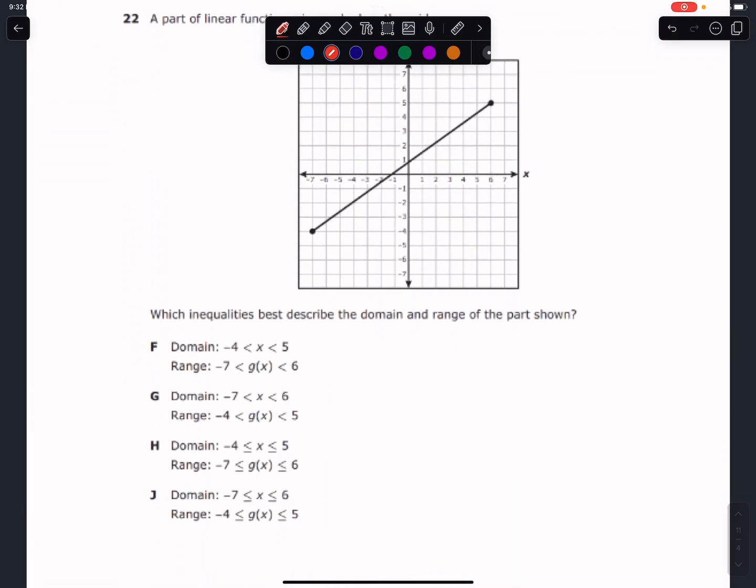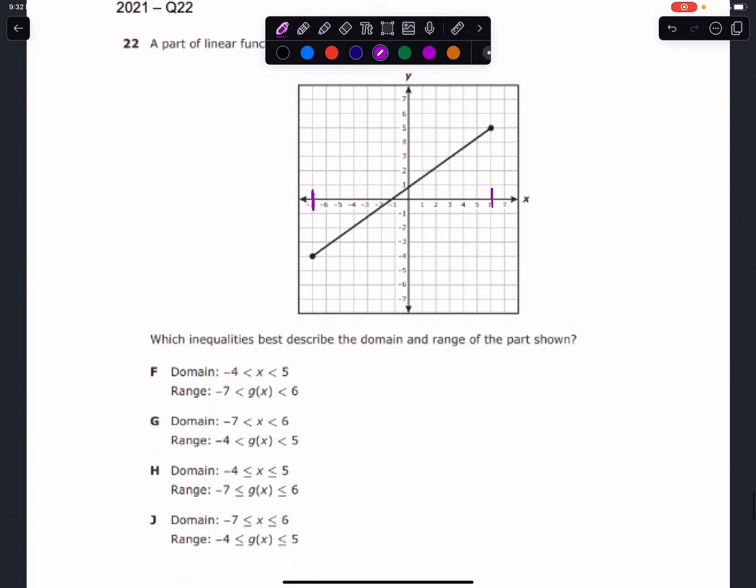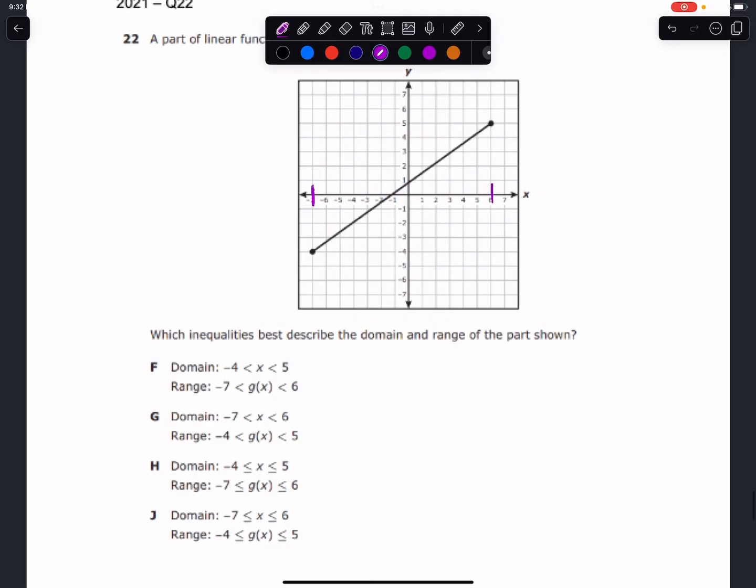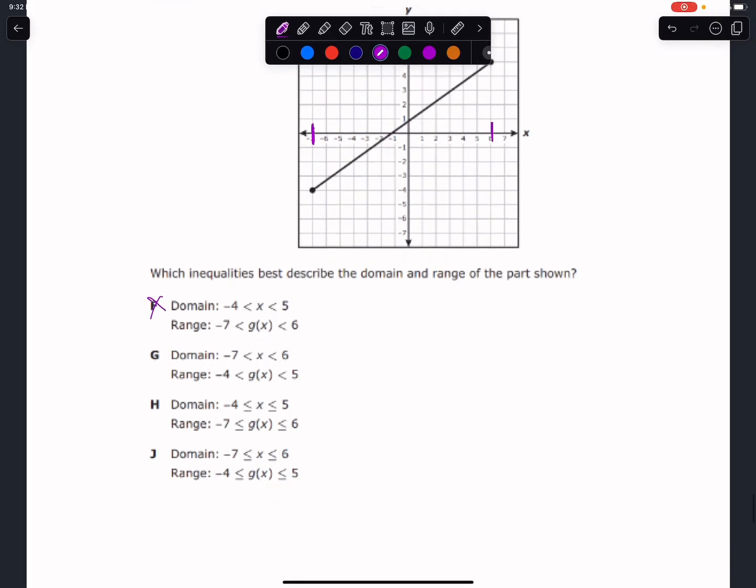Again, let's do another one. Furthest left on the domain is -7. Furthest right is 6. So let's look at my answers that have a domain furthest left is -7. So that's not this one. Possibly on the G. Can't be this one. And possibly J. Okay, we can do that.